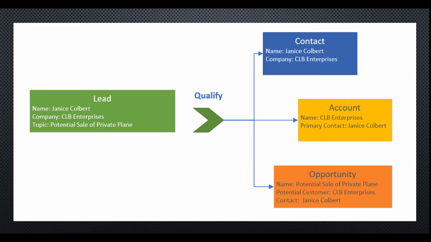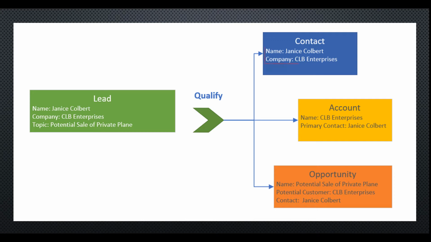This is an optional field. It's important to understand that. And the topic, which is not an optional field, is the discussion of what you're trying to achieve with this lead.